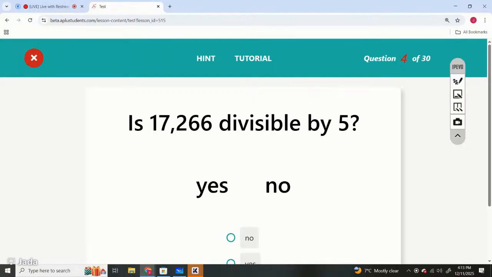Is 17,266 divisible by 5? So we need to apply the divisibility rule for 5, right?